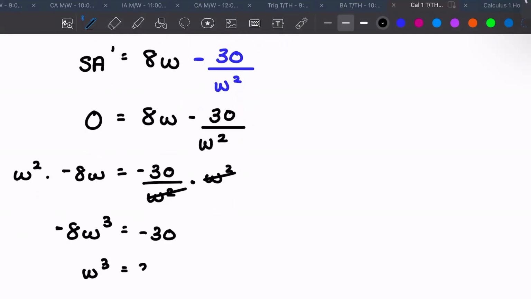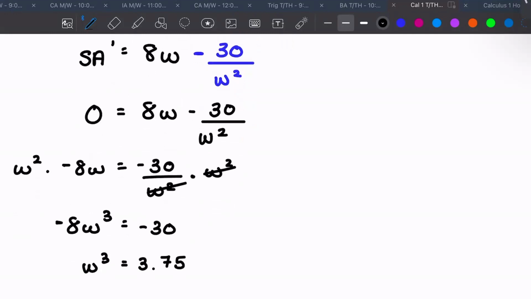That gives me 3.75. I'm going to take the cube root of both sides and get 1.55. Okay, well, that is my width, but I need my length and my height.